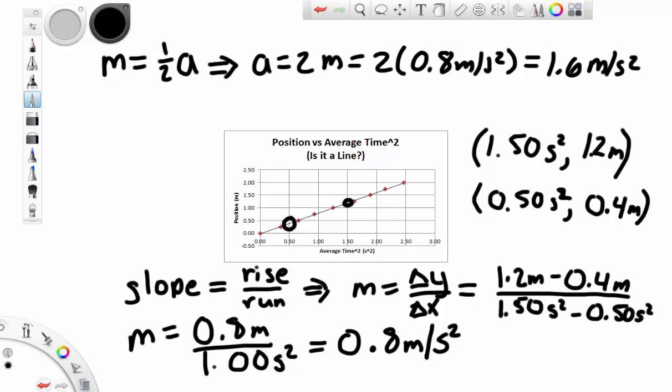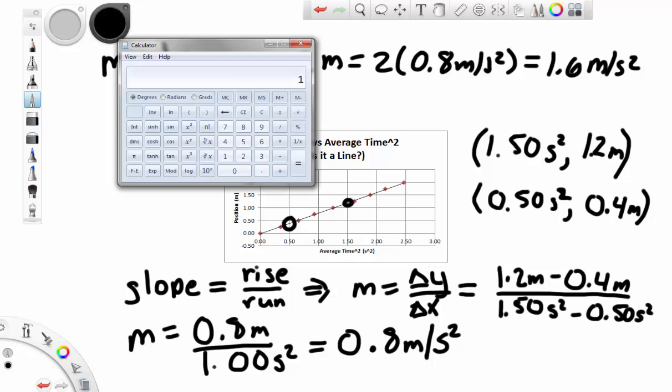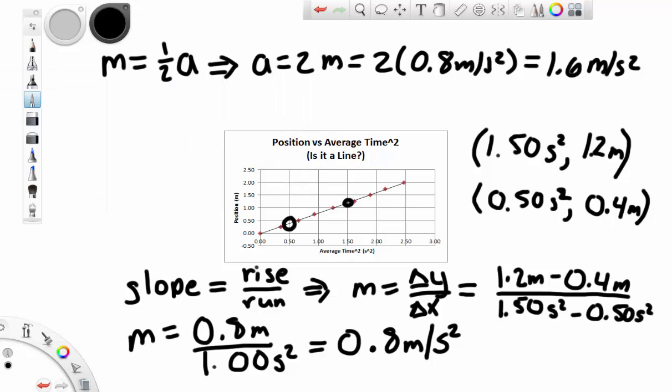Okay, so at this point we should pull up our calculator again and take 9.8 and multiply it by the sine of the angle of inclination. So the angle of inclination was 10, so the way we enter it is 10, push sine, hit enter, and so I get that the slope should be 1.70. So this right here is experimental.